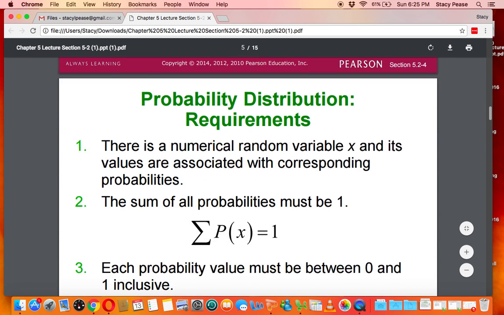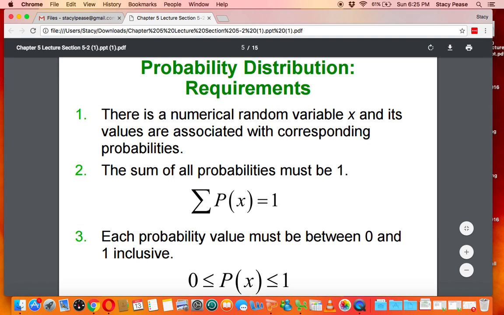Okay, so some requirements for probability distributions, and there are 3. Every probability distribution will have a numerical random variable x and its values that are associated with corresponding probabilities, as we will see. The sum of all the probabilities must be 1, which is represented in equation form like this.